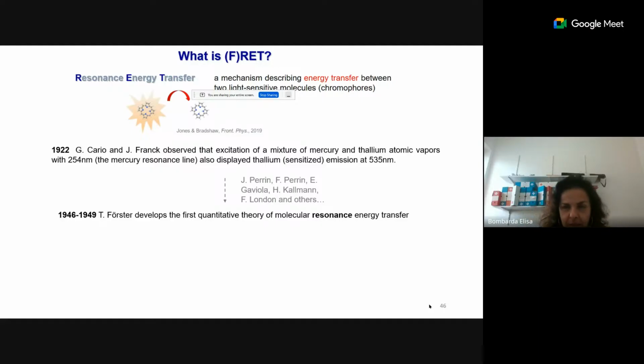So you see, that is an important element that we will see recurring in this kind of method. One chromophore was excited, and the emission was from the other one.